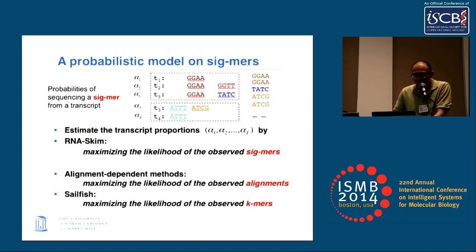And Sailfish tries to maximize the likelihood of all the observed sigmers. Actually, all 3 types of methods have exactly the same mathematical model, but they just interpret the variables differently and use different types of data to quantify the transcriptome.